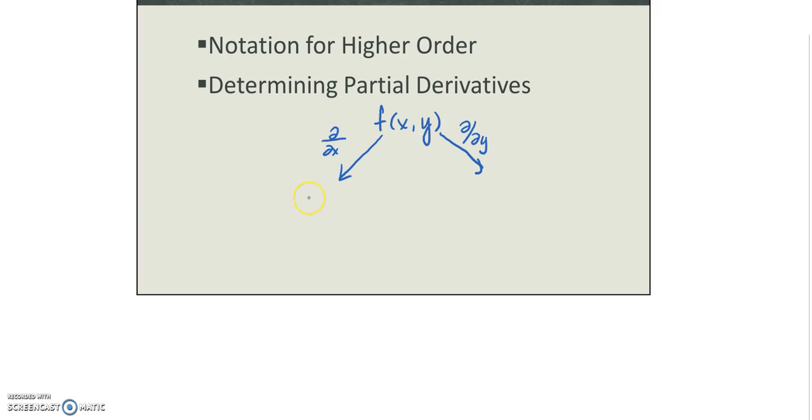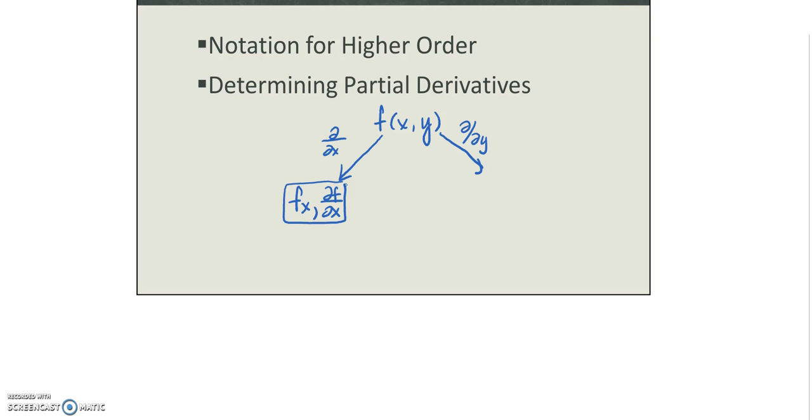When we do that, on the partial with respect to x side of things, we could have f sub x, or we could write it as partial f partial x. That's what we would get if we took the partial with respect to x, and that is a new function.